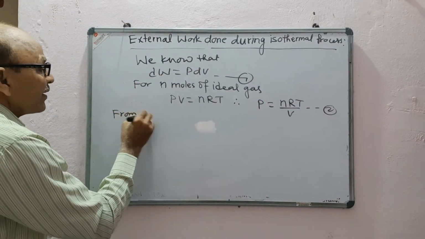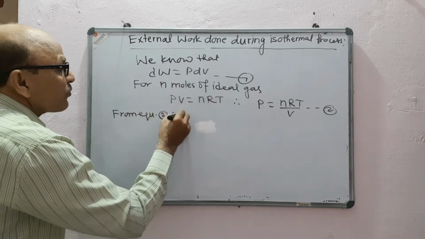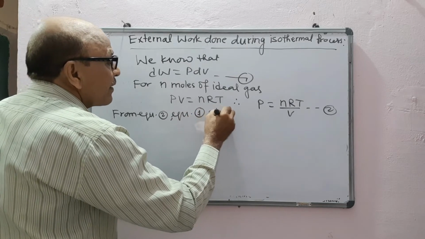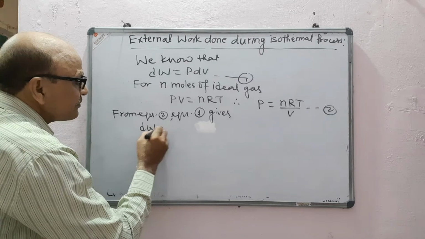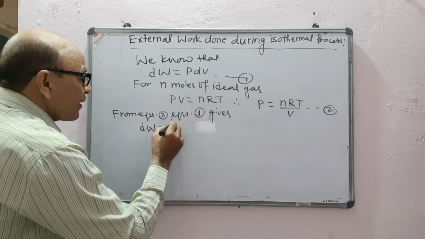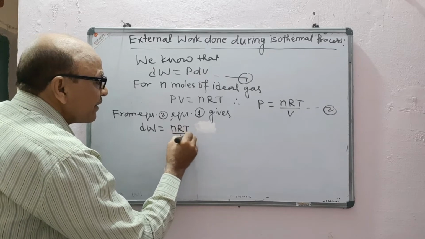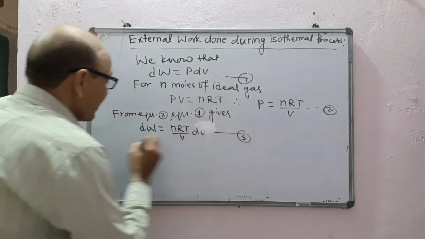From equation 2, equation 1 gives dW is equal to nRT by V into dV. Equation 3.